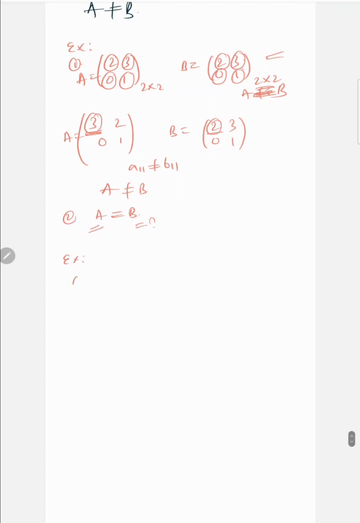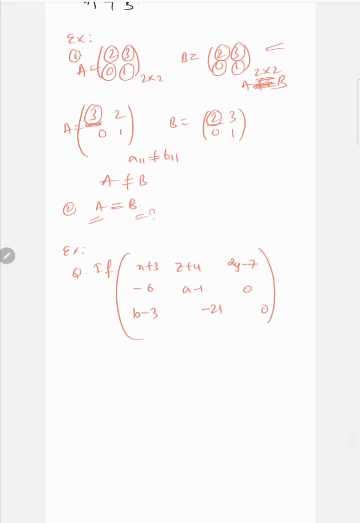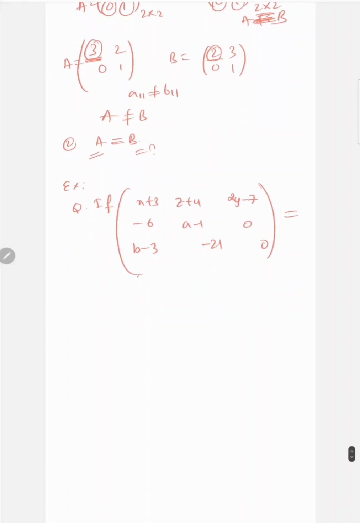Example: the matrix with rows (x+3, z+4, 2y-7), (-6, a-1, 0), (b-3, -21, 0) is equal to the matrix with rows (0, 6, 3y-2), (-6, -3, 2c+2), (2b+4, -21, 0).